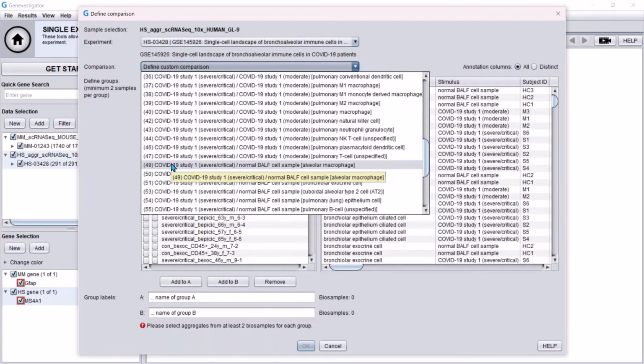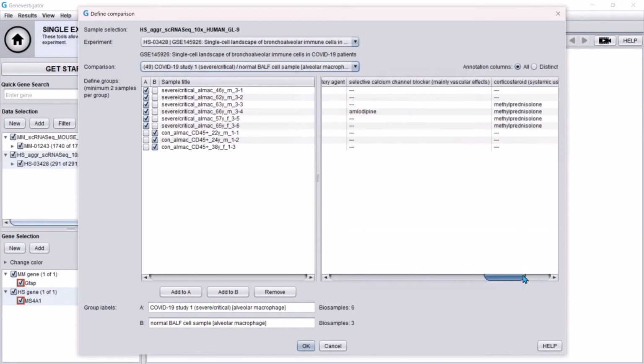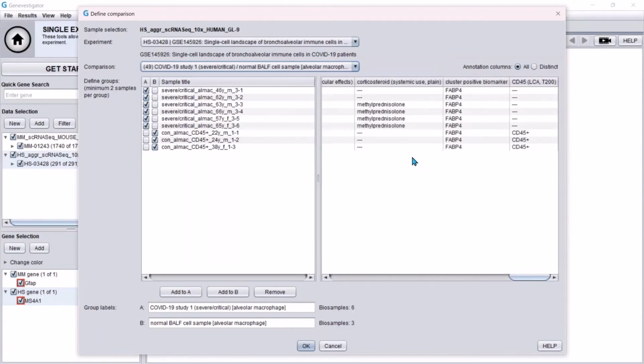of seconds. Clearly visible is the added value of the annotated metadata, which equips the user with the necessary information for performing a comparison, whether one is interested in the stimulus, in the sample status, in another attribute such as the cluster-positive biomarker, or any of the others listed here.